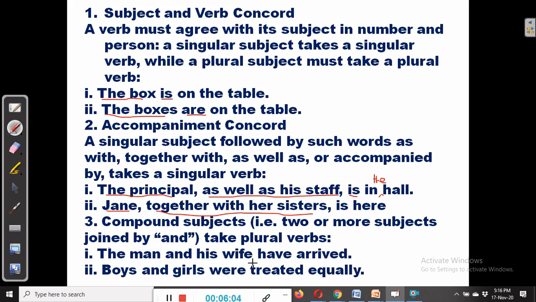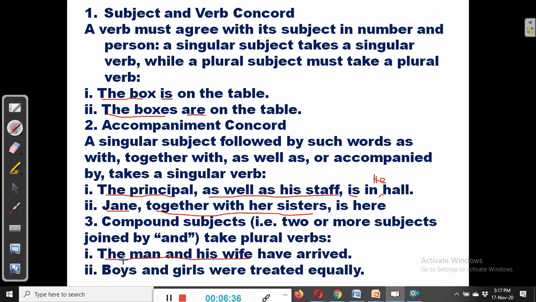The man and his wife have arrived, because here we have two singular subjects put together to form a compound subject, so it becomes a plural subject.